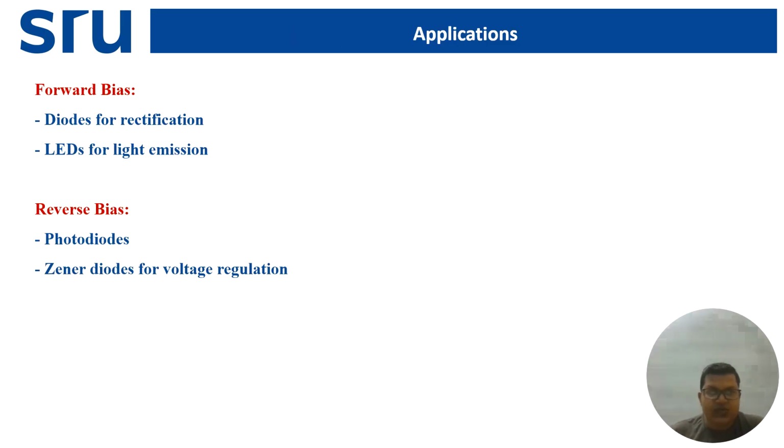Okay, so before we conclude we will see some applications. The forward bias applications are the diode and rectification, LEDs (light emitting diodes), and lasers. Reverse bias applications are the photodiode and the Zener diode for voltage regulation.